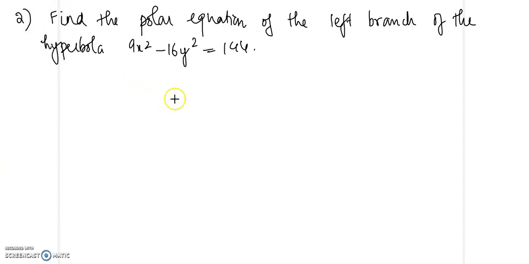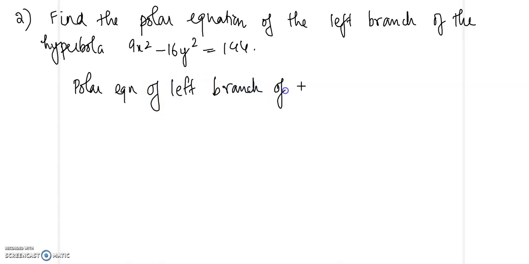Next problem is to find the polar equation of the left branch of the hyperbola 9x square minus 16y square equal to 144. The polar equation of the left branch of the hyperbola is given by L by r equal to 1 plus e cos theta.